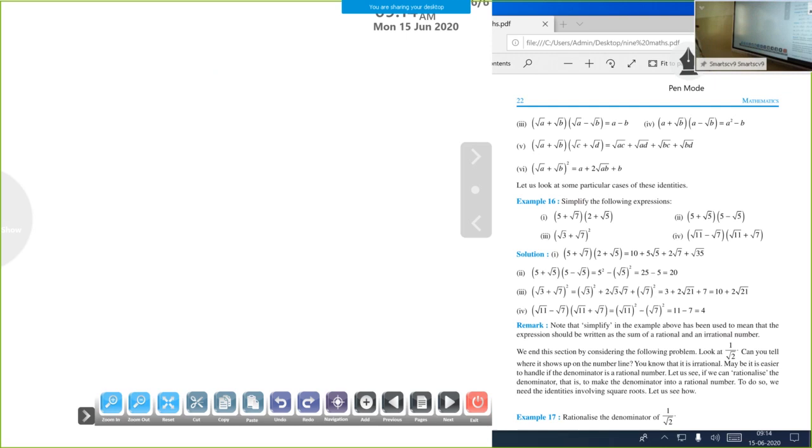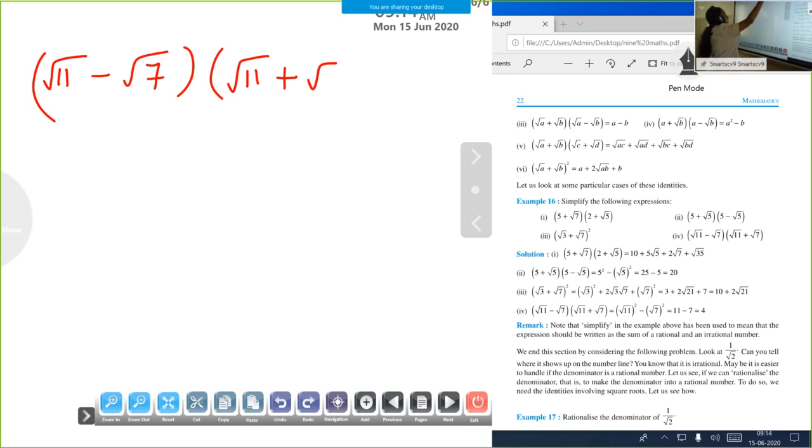Okay, next one, simplify (√11 − √7)(√11 + √7).